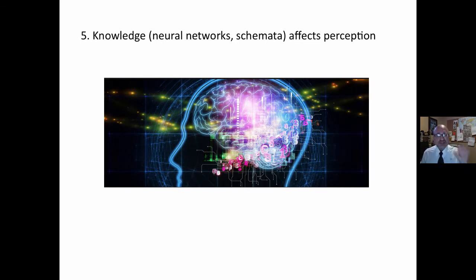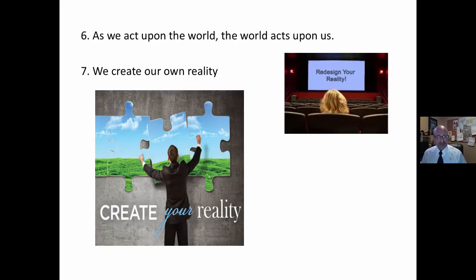Knowledge affects perception, both what we see and how we interpret that perception. As we act upon the world, the world acts upon us, meaning that as we act upon the world, this creates a change in the neural networks. New pathways are created, new neural networks. Schema is expanded or recreated.